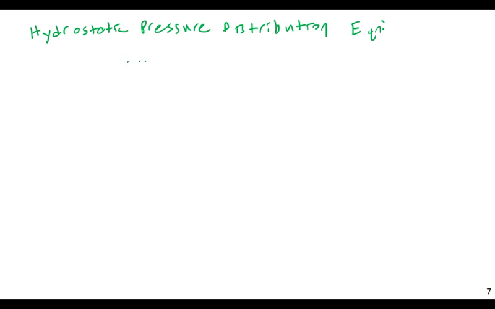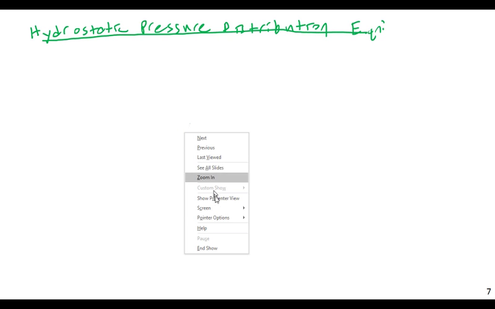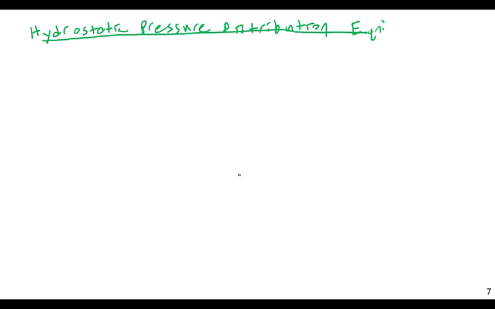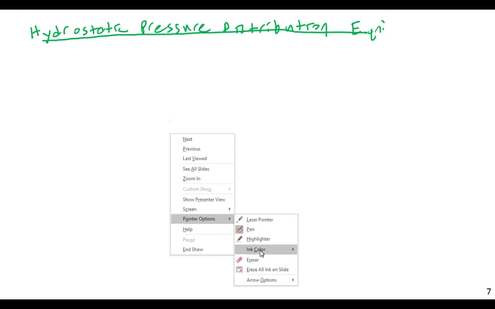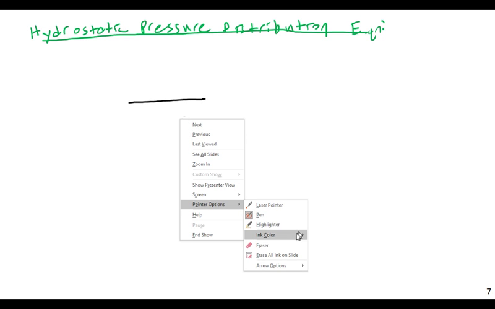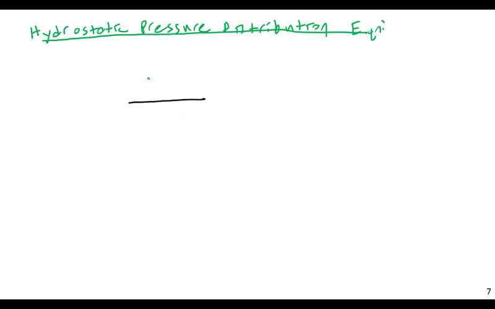So let's draw this out again, something like this, with another fluid surface, and z will be measured positive downward.